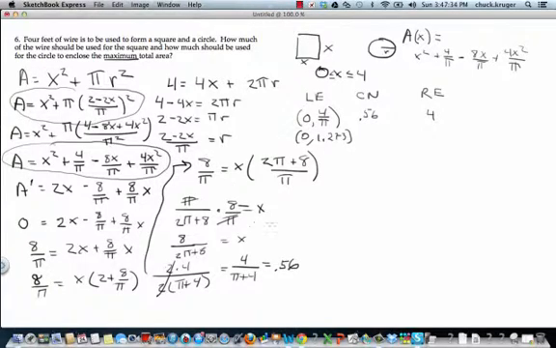If I do that, I get 0.56. And if I put 4 in there, I would have 16 plus 4 divided by pi minus 32 divided by pi plus 64 divided by pi.